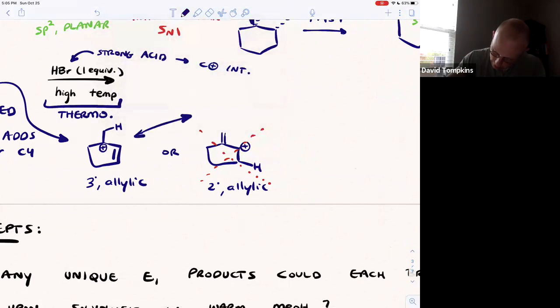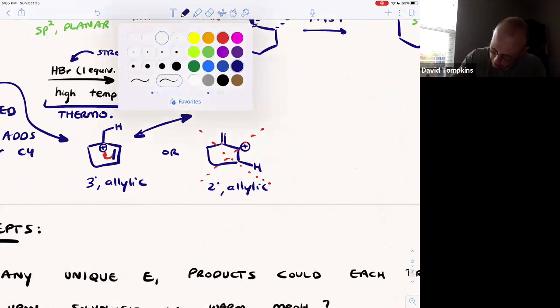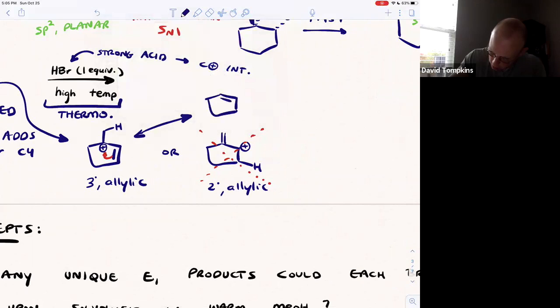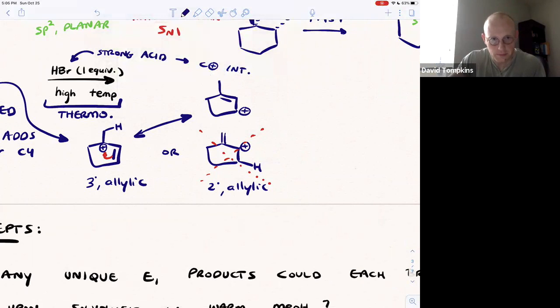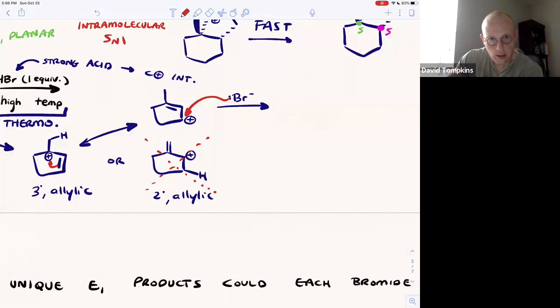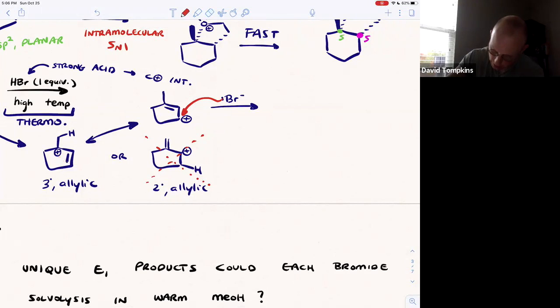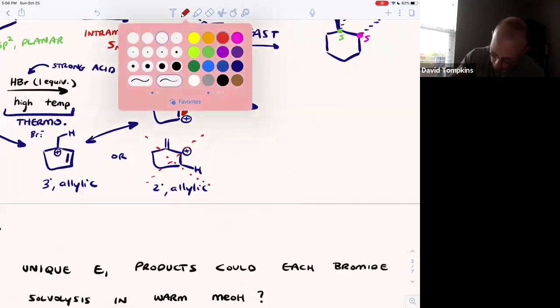Okay, being allylic means that this carbocation is stabilized through resonance, where I can push that pi bond up and show another resonance form. So when the bromide attacks, it could attack either that carbocation on the secondary carbon, or it could attack the tertiary carbocation.